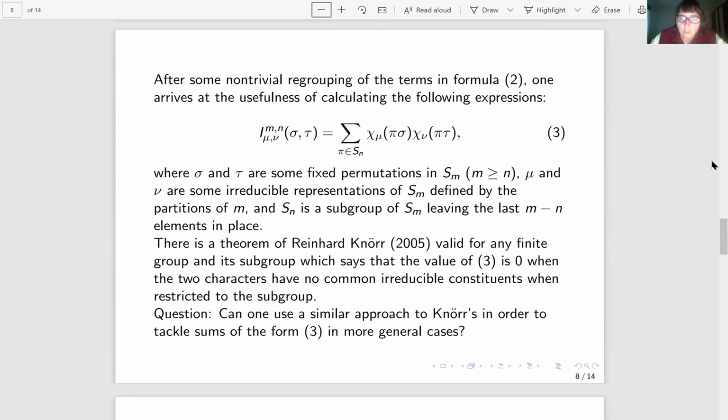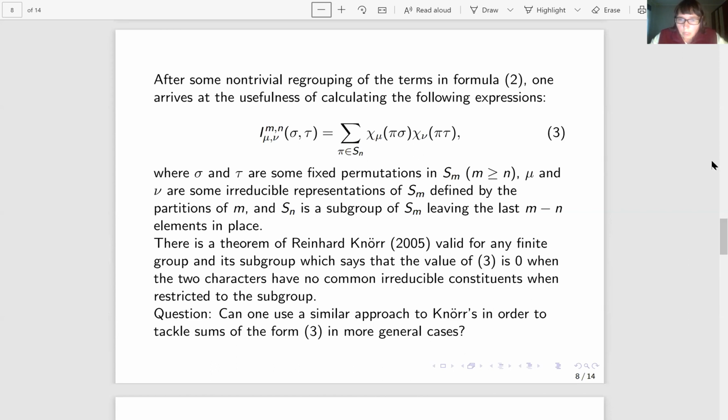So you can do this kind of sum for any group and a subgroup, and Knörr knows how to calculate it in case they don't have any common irreducible constituents.